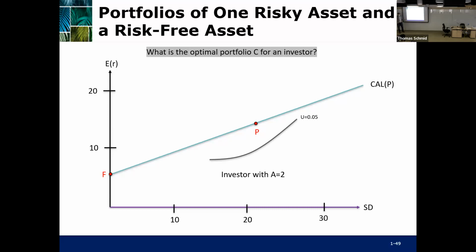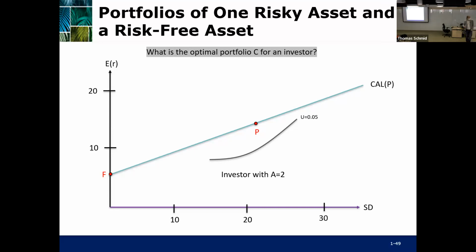So all of us, we are probably 30 people, we would have 30 different indifference curves. Okay? So this is the indifference curve for a specific investor. Yeah? So how can we now use this graphical approach to find the optimal complete portfolio?